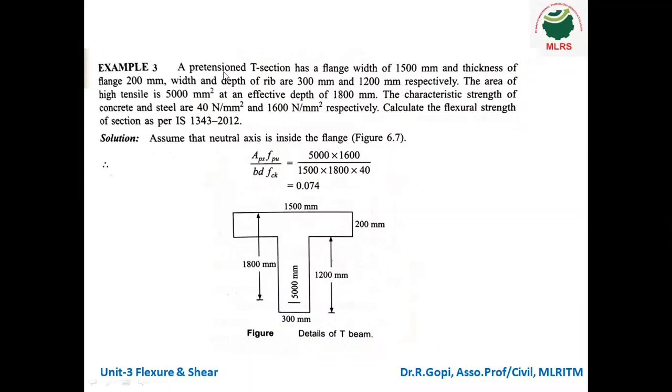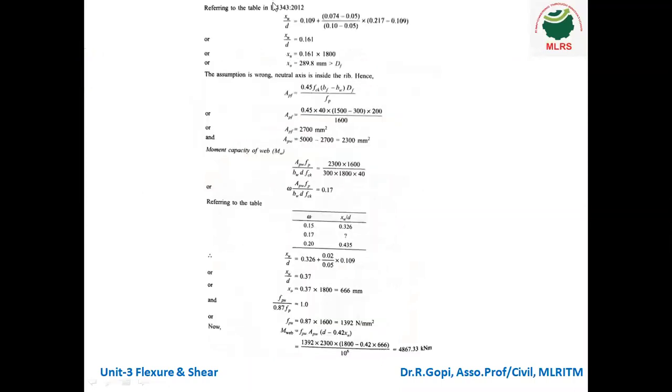This is the pre-tensioned beam. Now, referring to the table in IS 1343, calculate the XU by D value using the relation, by linear interpolation. We got XU by D value of 0.161.